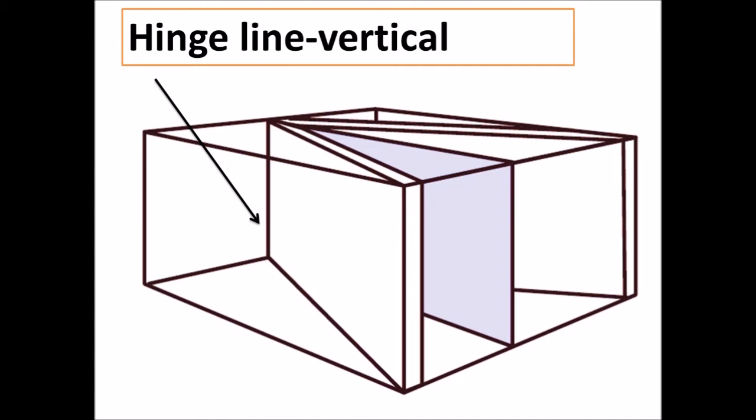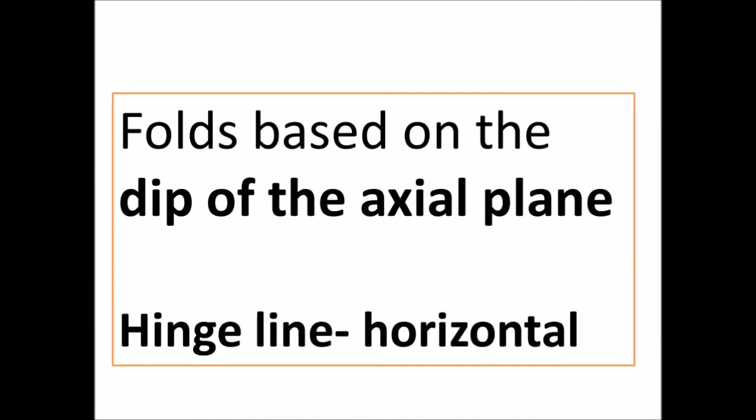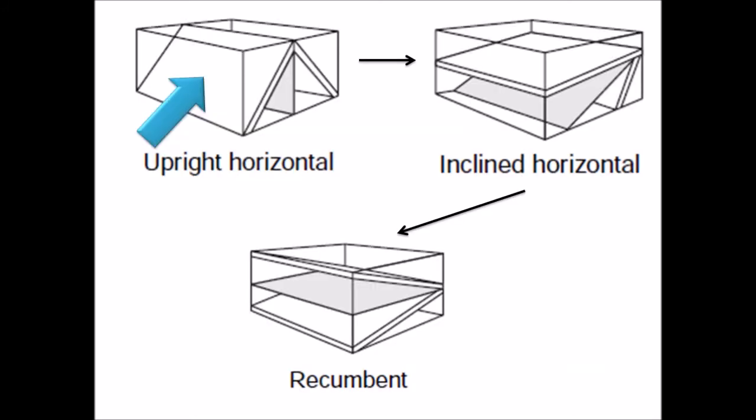So now let's see the fold based on the dip of the axial plane, keeping the hinge line horizontal. Here we can see in the first diagram the hinge line is horizontal and the axial plane is vertical, so this is an upright horizontal fold. Then in the second figure, the hinge line is horizontal but the axial plane has some dip, meaning it is inclined, so it is an inclined horizontal fold.